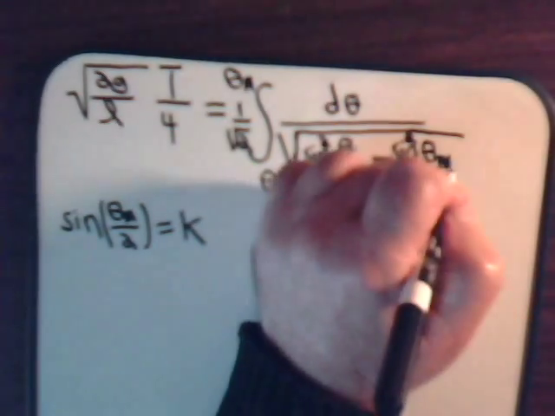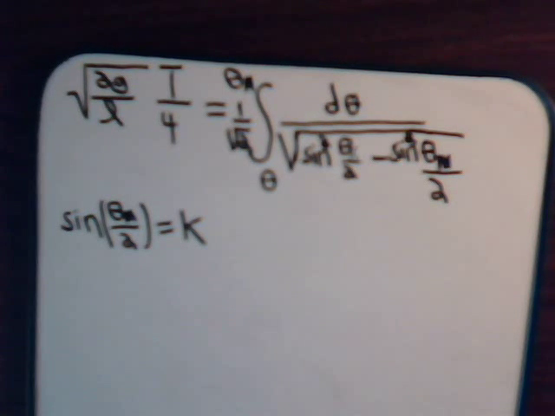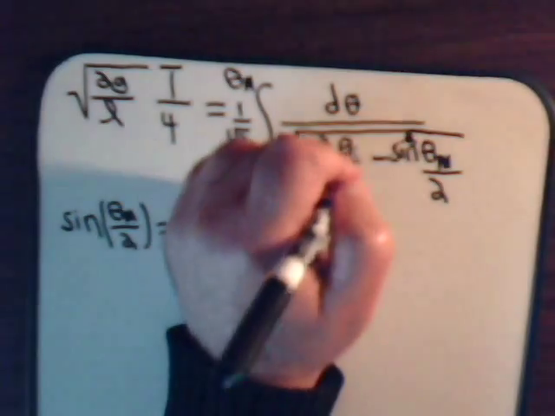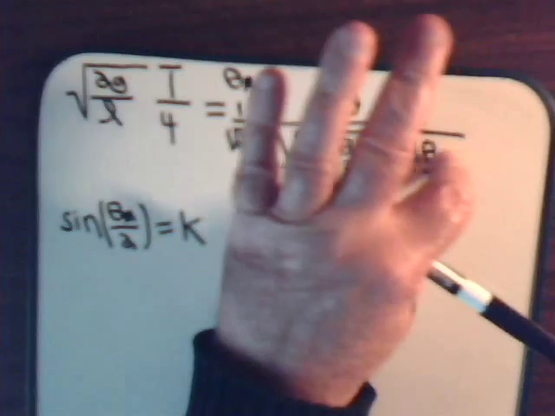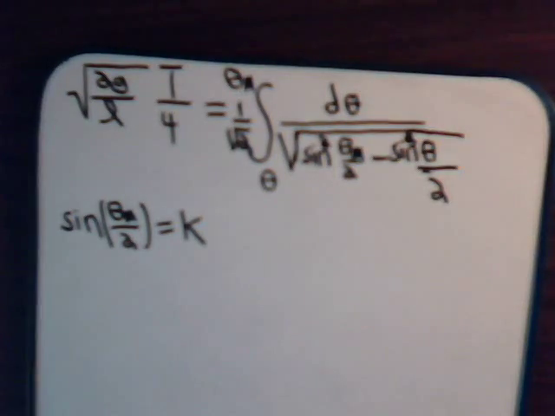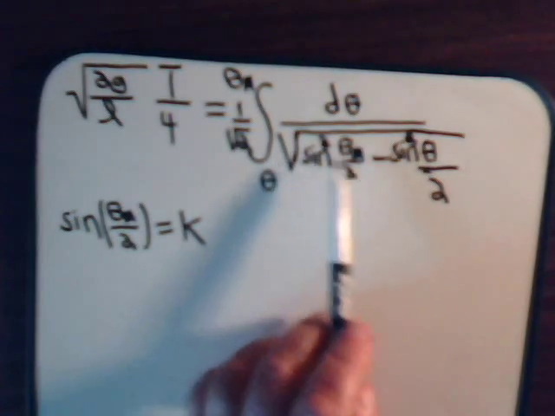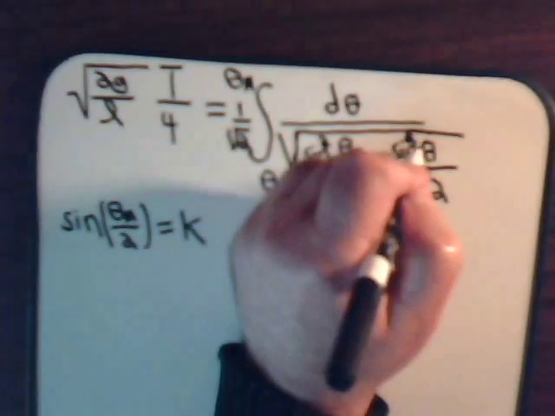This is theta over 2, and this is theta m over 2. Okay, now we have it in correct form: sine squared theta m over 2 minus the sine squared of theta over 2.